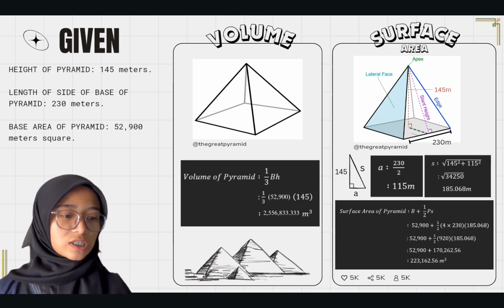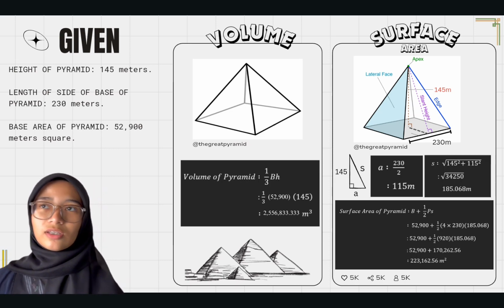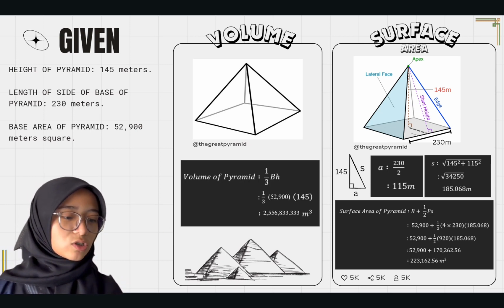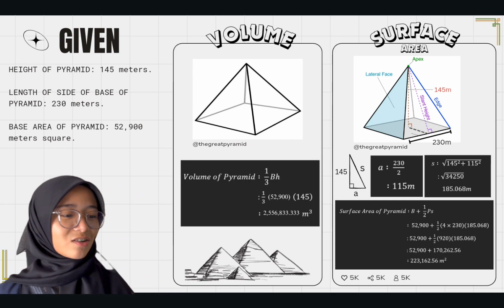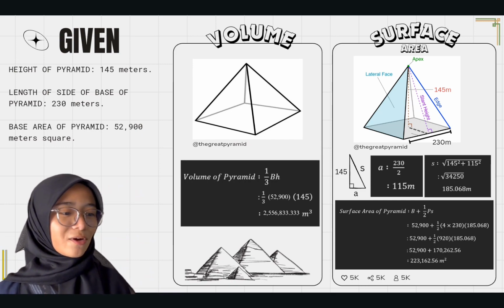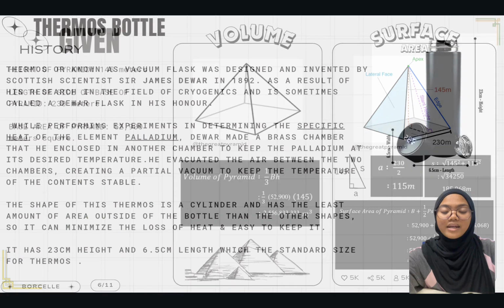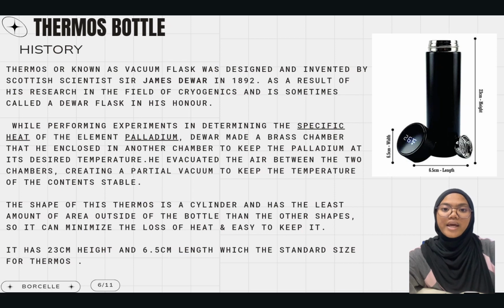So just insert the values into the formula. So we can get the surface area, which is 233,162.56 square meters.